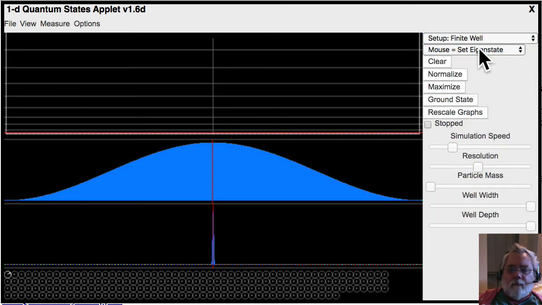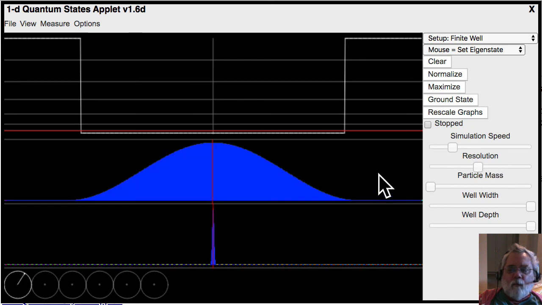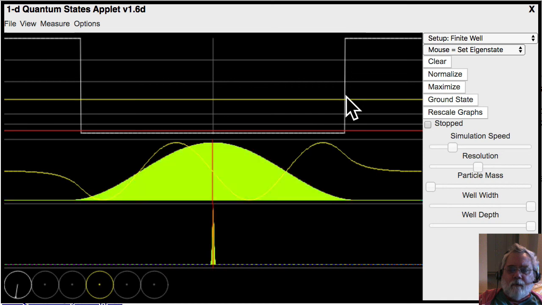We didn't do the math for finite well, but I said earlier that for finite well, we can have probability density outside the well.